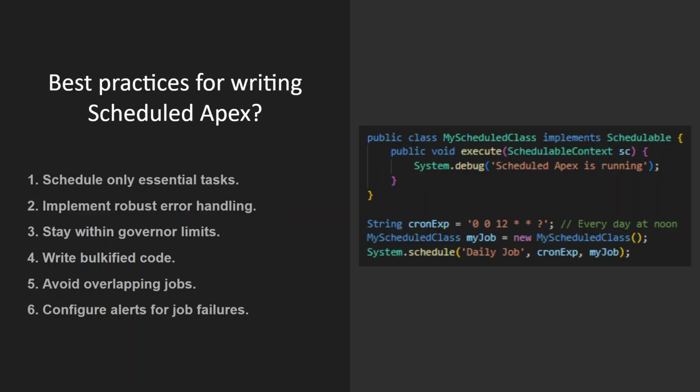Then we should implement robust error handling, stay within governor limits, write bulkified code, and avoid overlapping jobs. So you should not have multiple scheduled jobs at one time, that is overlapping of jobs, and configure alerts for job failure. So these are some best practices which we should follow while writing the scheduled Apex job. So let's move to the next question.